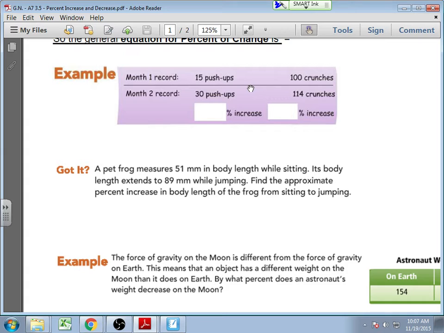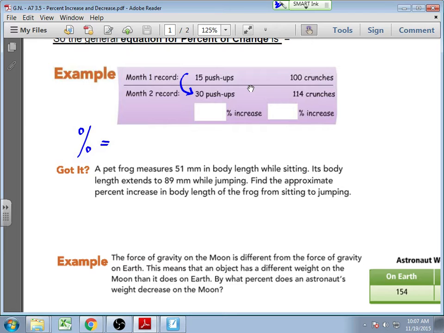Figure out your percent change by finding out first what is the amount of change and divide it by what was the quantity. So to find my percent for the push-ups, what is my amount of change? Wrong stack. Ella, what did we increase by? 15, right?